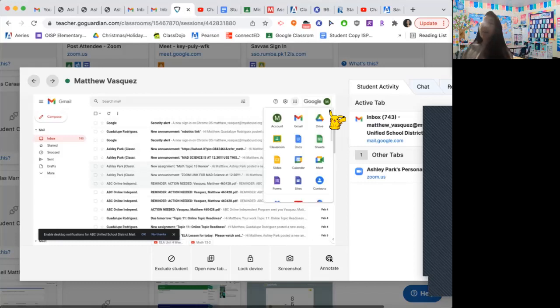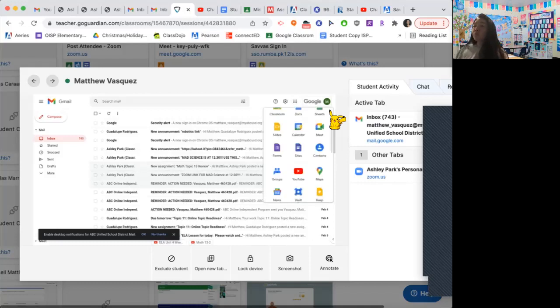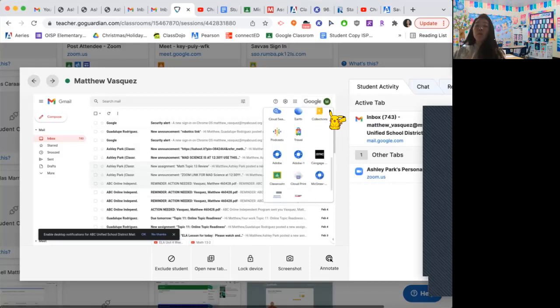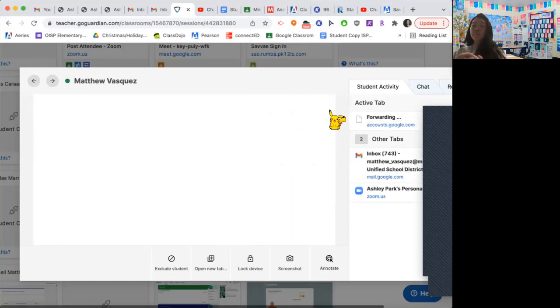Scroll all the way down to Savvas Easy Bridge. Miss Park, I'm done. I get 100%. All right, you're free to go. Bye. All the way down to Savvas Easy Bridge. It's the last one on the left-hand side.